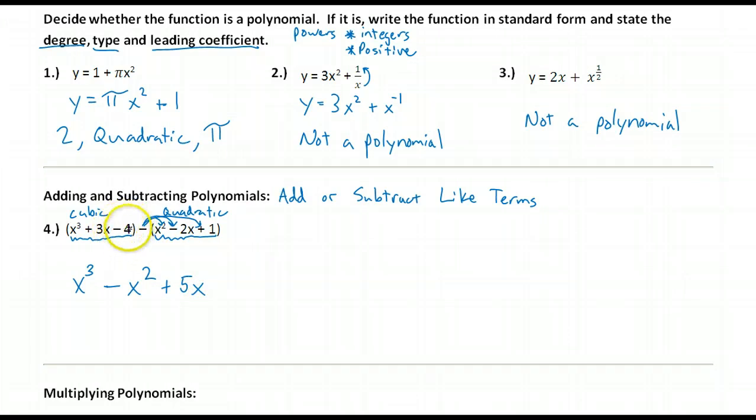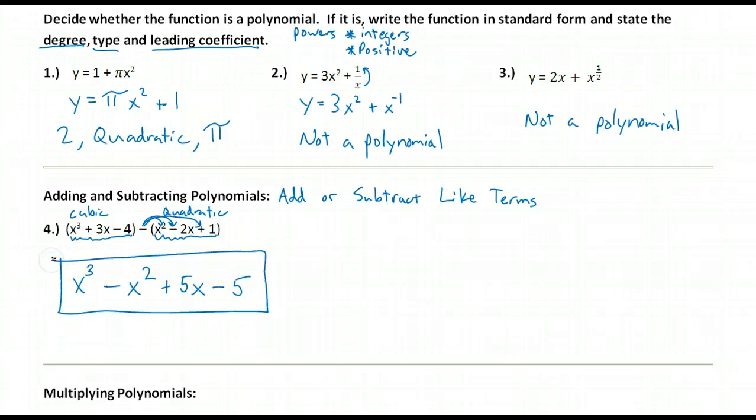I have negative 4 minus 1, which gives me negative 5. I'm done because I have all my like terms combined. So subtracting a cubic minus a quadratic gives me a cubic answer.